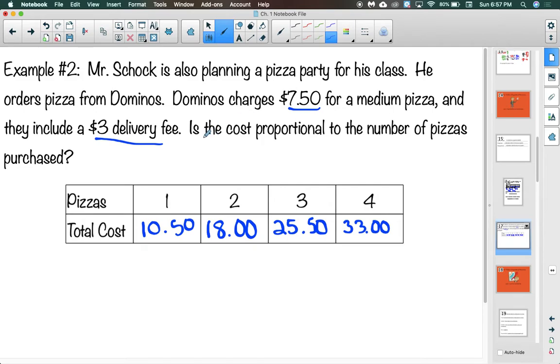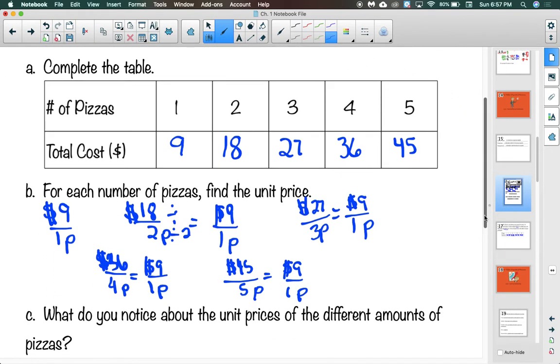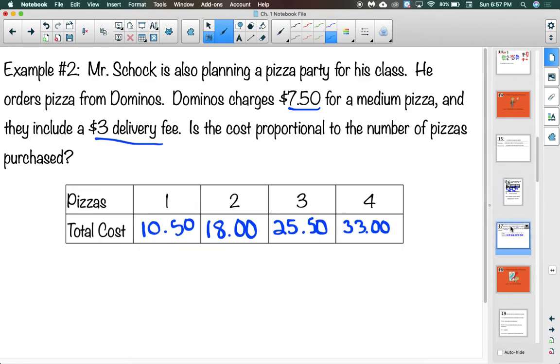Now we are asked if the cost is proportional to the number of pizzas purchased. So our second step, remember our previous problem, first we made the table, then we found all the unit prices. So we need to find all of our unit prices here. The first price is $10.50 for 1 pizza.